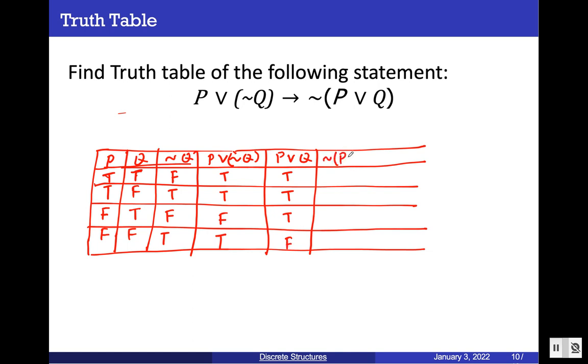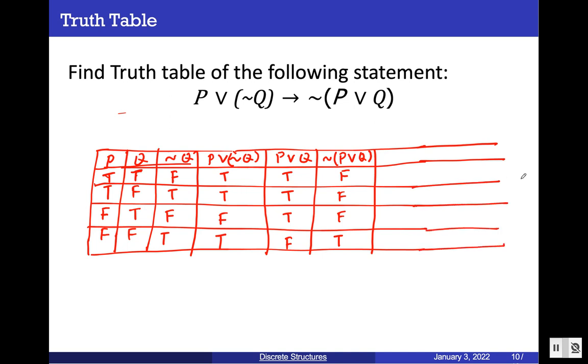Now let's find out negation of P or Q. It will be false, false, false, true. Now we have the truth tables of all the components. Now we are going to find out the final truth table, the final result.